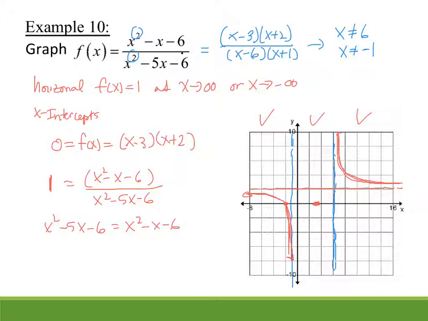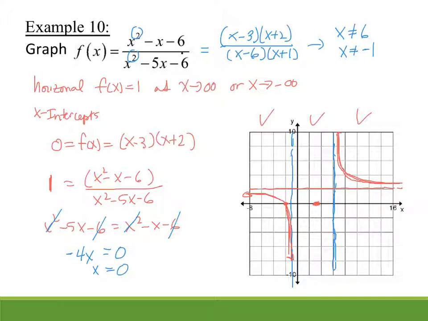So guess what? The x squares cancel, and look at this, right? So now it says that we have minus 4x is equal to 0, or x is equal to 0.